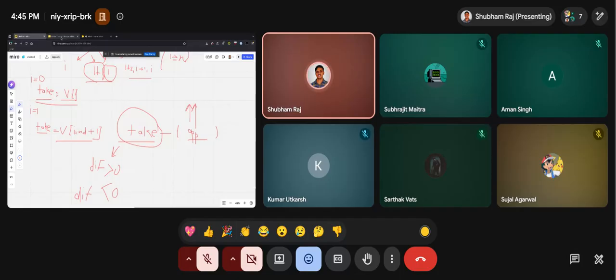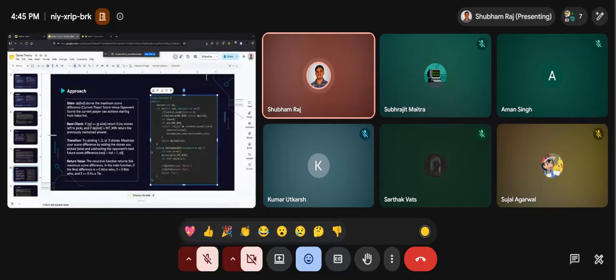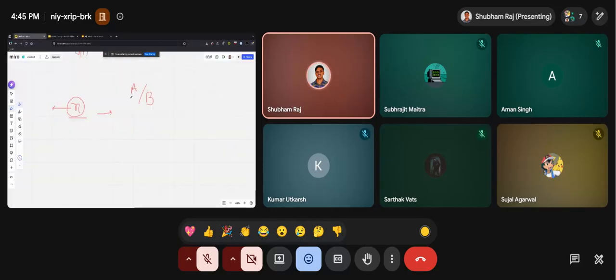And the game is simple. Alice and Bob are playing this game. This n is the total number of stones that are given, and in one move, Alice or Bob can pick a number of stones that is a perfect square from n and remove it from, suppose this is a bag or table, something. We need to remove that number of stones that will be picked by the players.